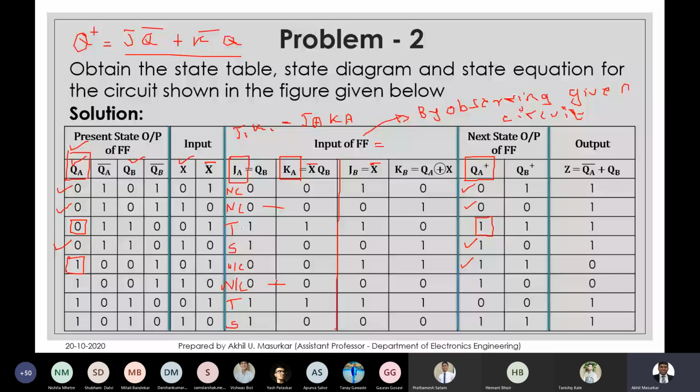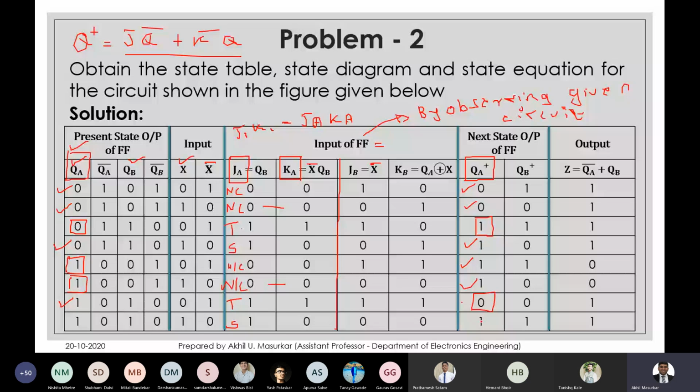So again no change means it will remain as 1. 1 1 means toggle. If it is 1 here, it should become 0. So you can see this toggle condition, that is, it is going to toggle. And then again 1 0 means set. Irrespective of what QA is, 1 or 0, the output will become 1. So that is why I have written here 1.